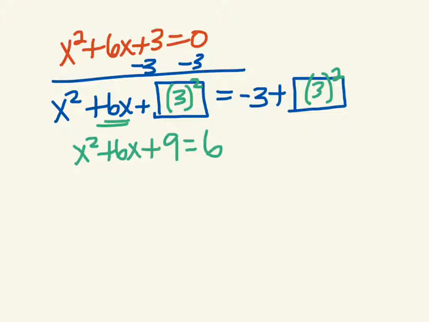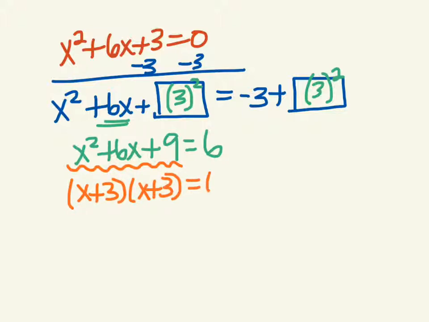Now when we look at just the left side of this equation, the x squared plus 6x plus 9, that polynomial is factorable. If you ignore the 6 on the other side and we just look at the x squared plus 6x plus 9, this will factor into x plus 3 times another x plus 3 is equal to 6. And then we really don't need to write out both of those x plus 3's.